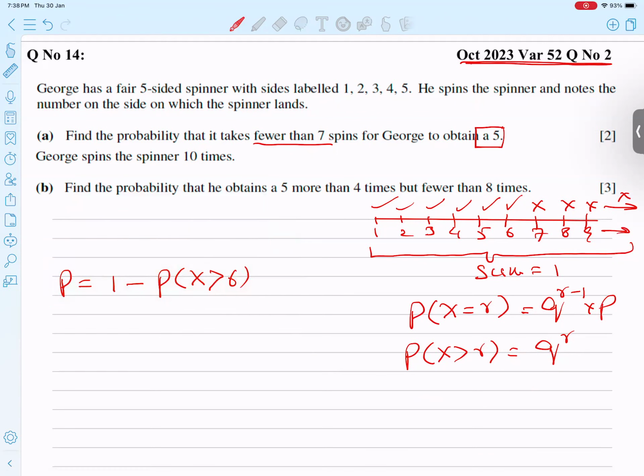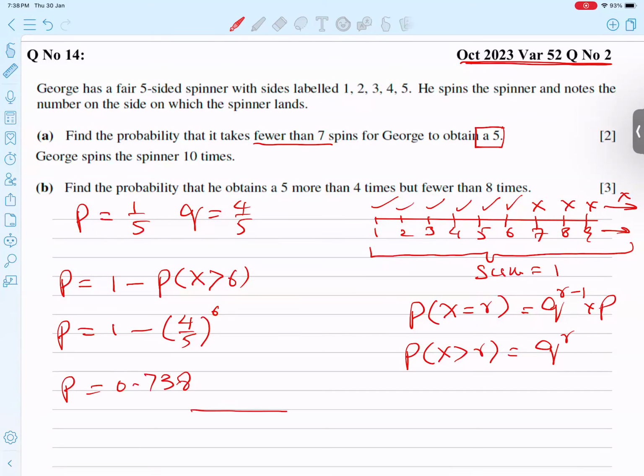Our concern is 5, and how many 5s are there? One 5. So the probability of favor is 1 out of 5, and not favor is 4 out of 5. Alhamdulillah rabbil alameen. So q to the power 6, and if we check it in the calculator, the answer turns out to be 0.738. First part completely over.